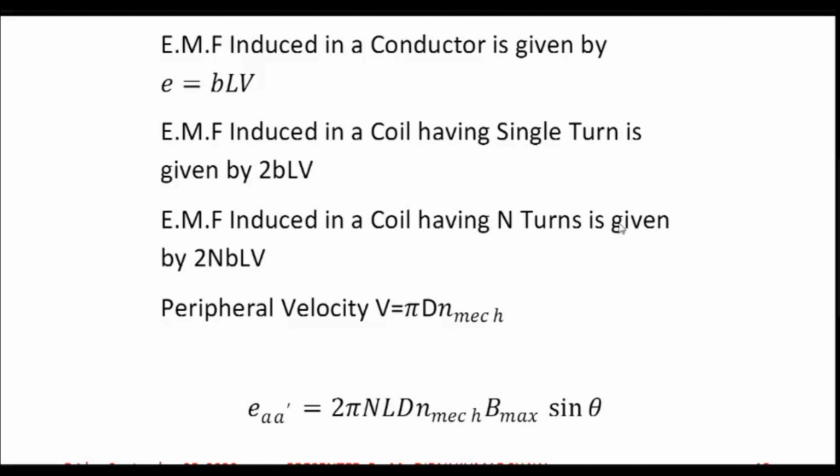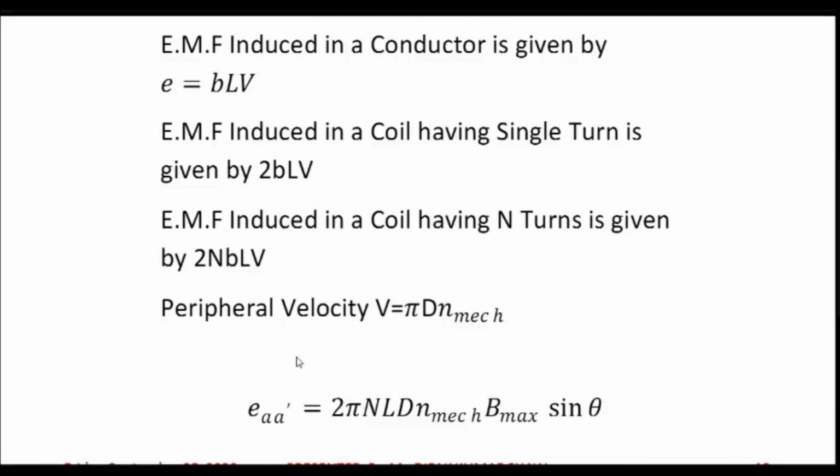But if it is having n number of turns, then it will be 2n BLV, as explained earlier. Now, what is peripheral velocity? Peripheral velocity V is given by pi d n. Now we are writing n mechanical to make things very clear, that when we are writing this RPS, that is the speed of the rotor, then that speed of the rotor is actually the mechanical speed. So that's why we are writing n mechanical.